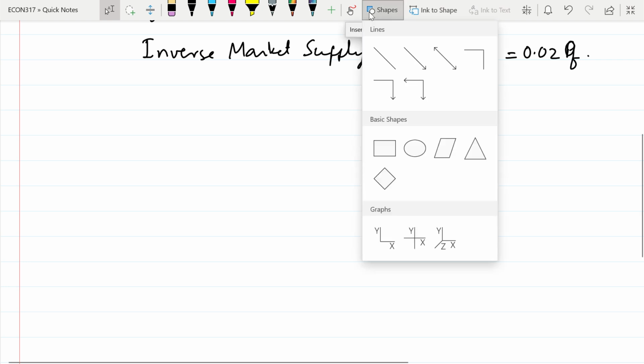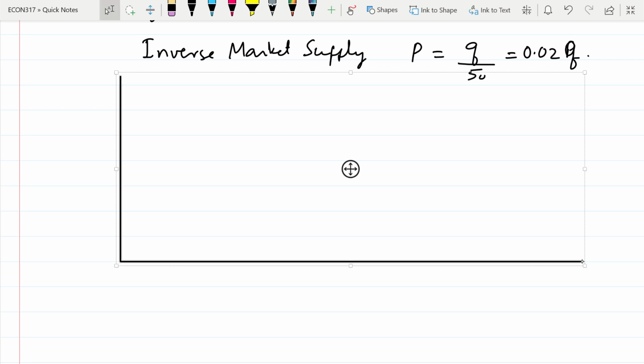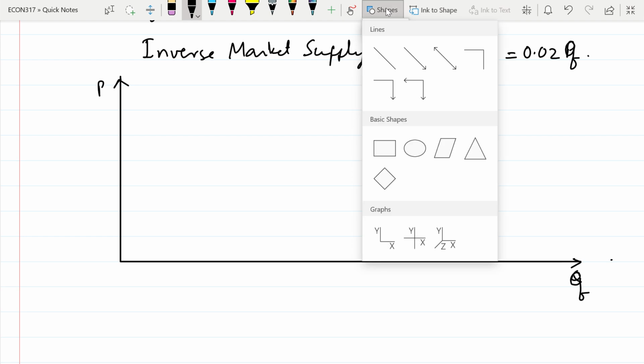We draw the inverse supply graph. So we have price on the vertical, quantity on the horizontal. I have Q on the horizontal, P on the vertical. I am using lowercase q. So now I will draw the inverse supply for the individual firm.